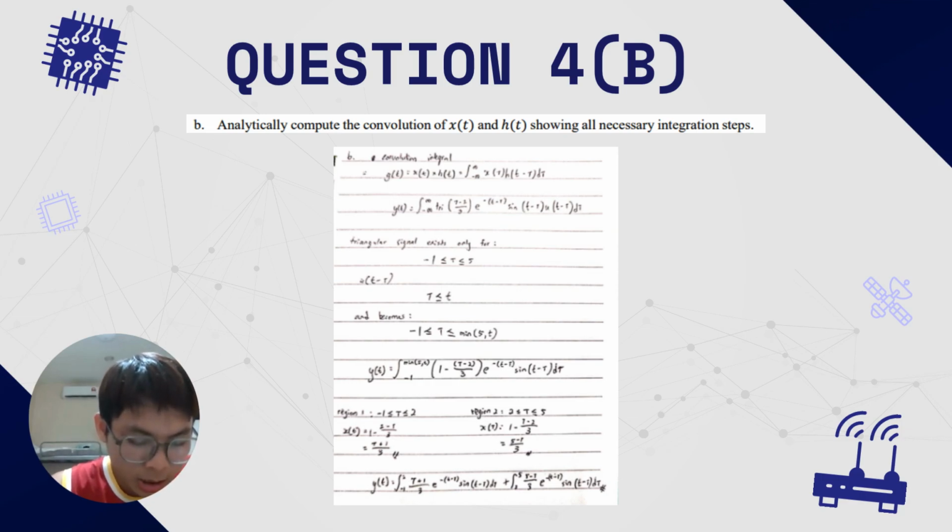And y(t) equals the integral with upper limit 5 minus t and lower limit negative 1 of (1 minus (t minus 2)/3) times e power negative t minus t sine times t minus t dt.